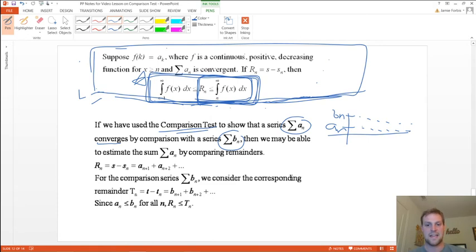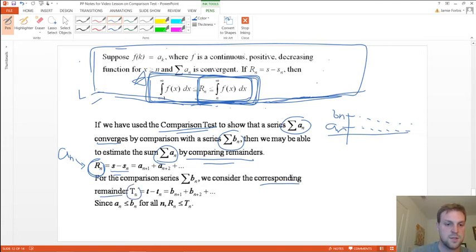Okay, if I have that case, then to estimate the sum of a sub n by comparing the remainders, we can say that r of n, which is dealing with the remainder of a sub n. So this is my remainder of what I'm talking about. We're going to say that that remainder, which is the difference between the sum and the partial sum, we're going to compare it to the corresponding remainder for b sub n, which for some reason they choose as t sub n.